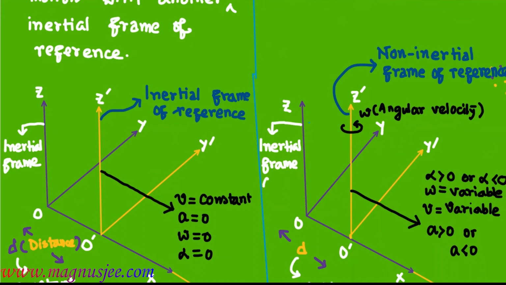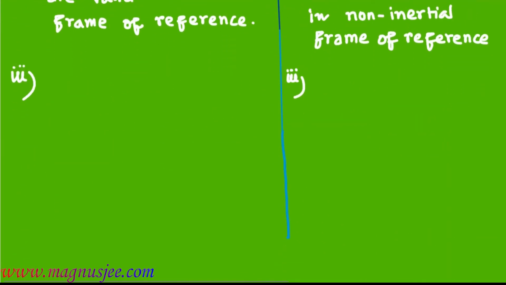In the diagram, the former, that means the set of axes denoted by violet color, should be assumed an inertial frame of reference for the right hand side and also for the left hand side. That means an inertial frame of reference should be considered with respect to another assumed inertial frame of reference. Again, a non-inertial frame of reference will also be considered with respect to another assumed inertial frame of reference.